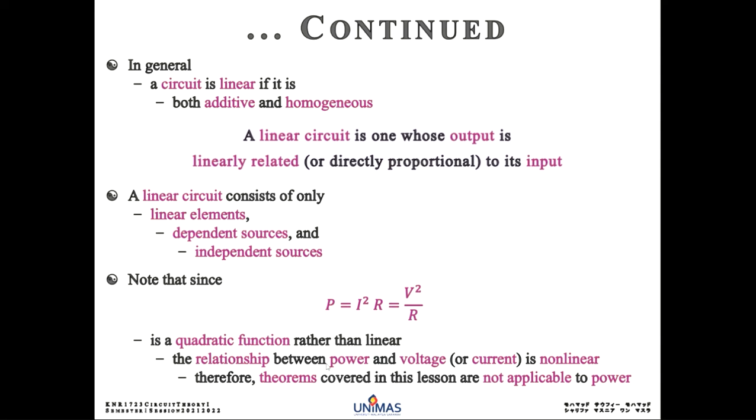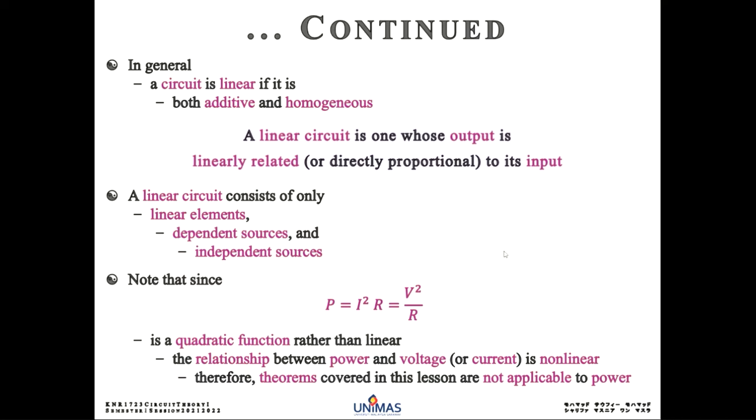The relationship between power and voltage is non-linear. Power is not related linearly with the voltage or current because it is a quadratic function, I squared and V squared. Therefore, theorems covered in the lesson are not applicable to power.